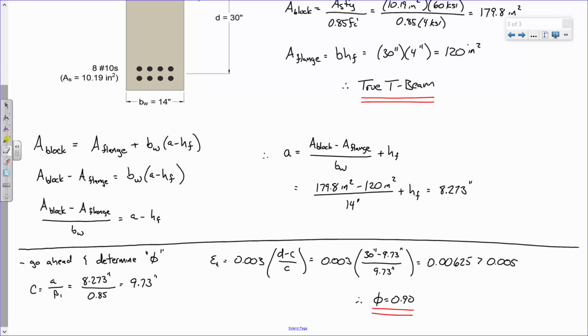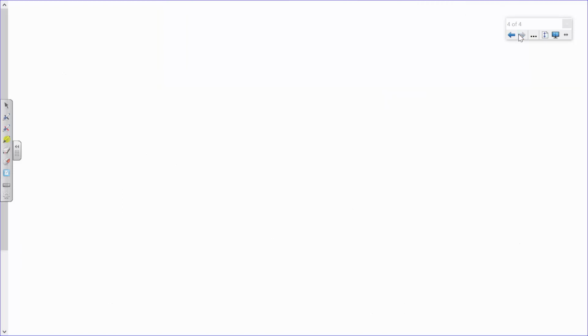Everybody got this? Okay. Now, I'm going to show you how we do this, and there's a reason why I'm doing it in this specific way. So, the nominal moment capacity Mn.